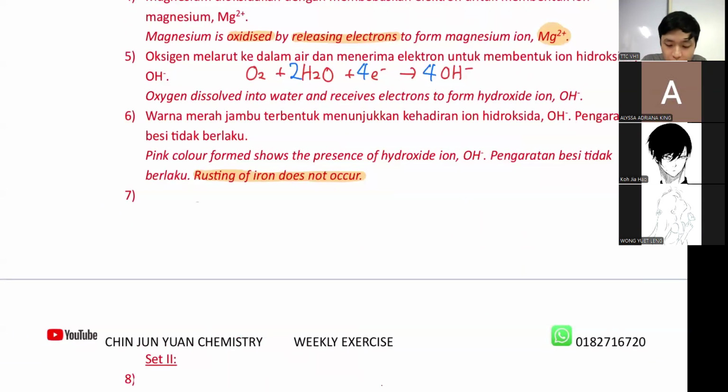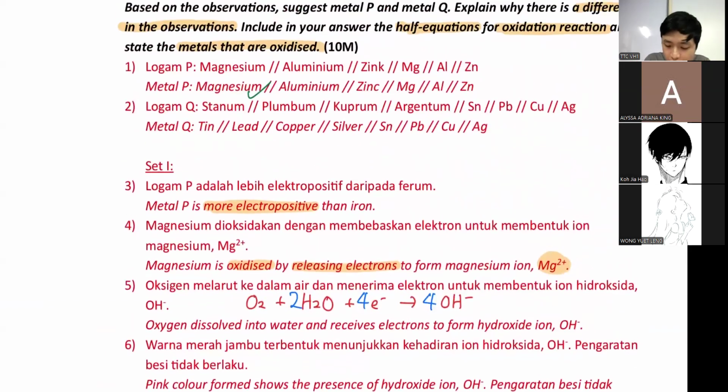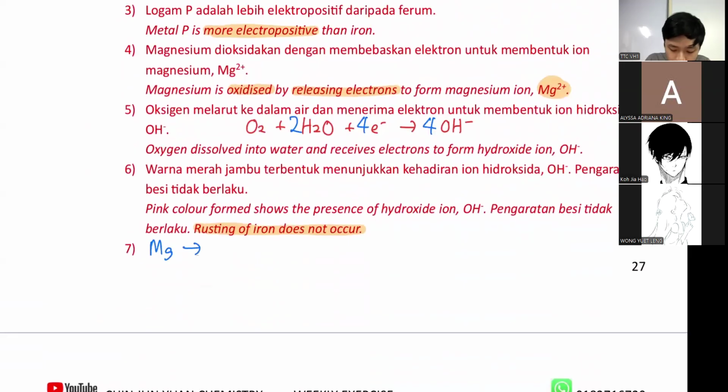Then the half equation they ask you: Mg becomes Mg2 plus. Even if you write P becomes P2 plus, it is correct. Nothing wrong.